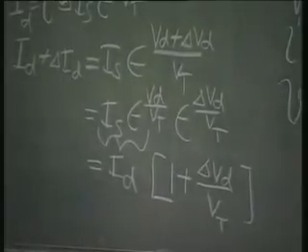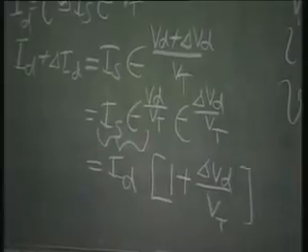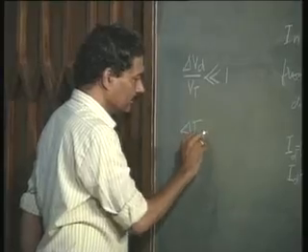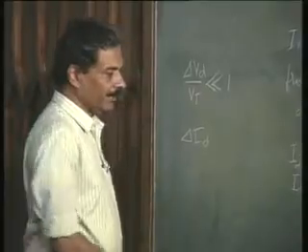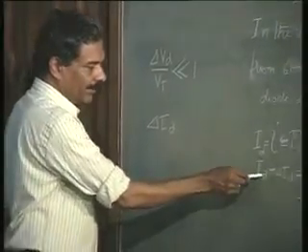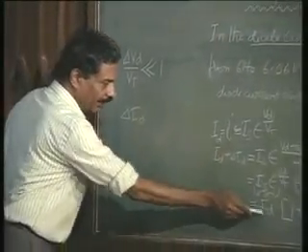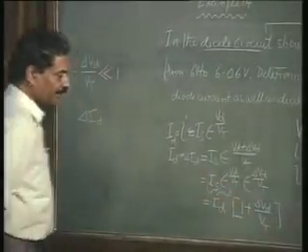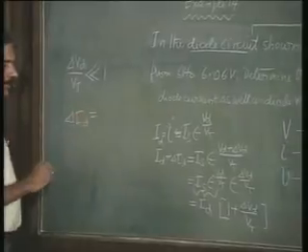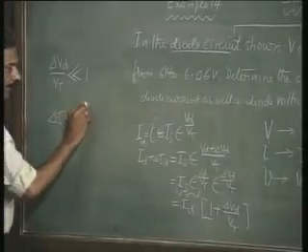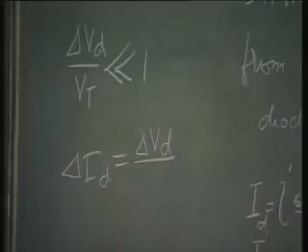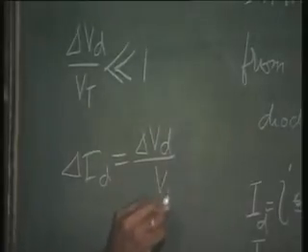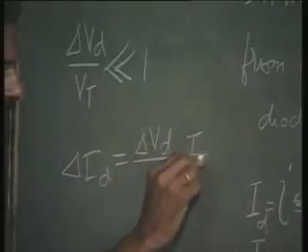So you can now see that, if this approximation is valid, I diode plus delta I diode is equal to I diode plus I diode delta V diode by Vt, which means delta I diode becomes equal to delta Vd, the change in voltage across the diode, divided by Vt, into I diode.